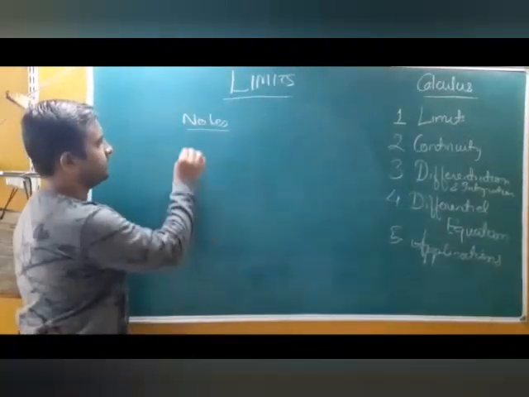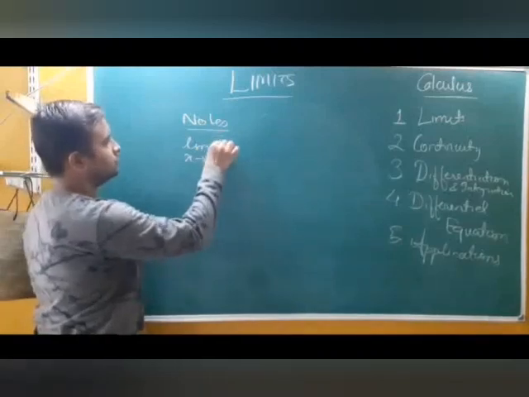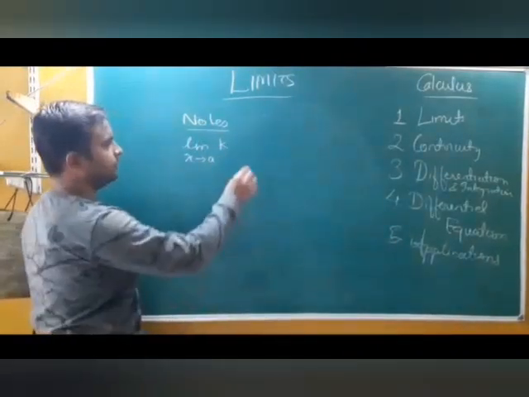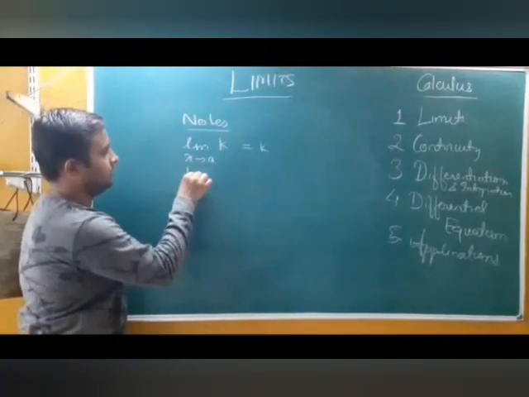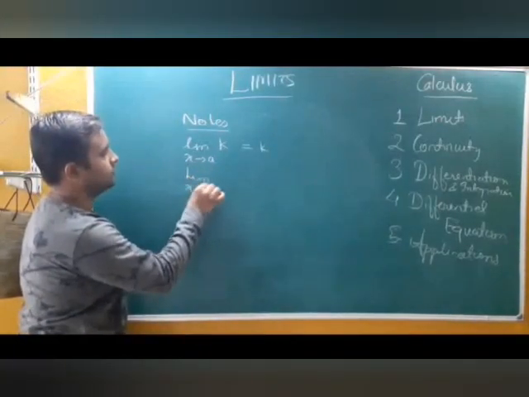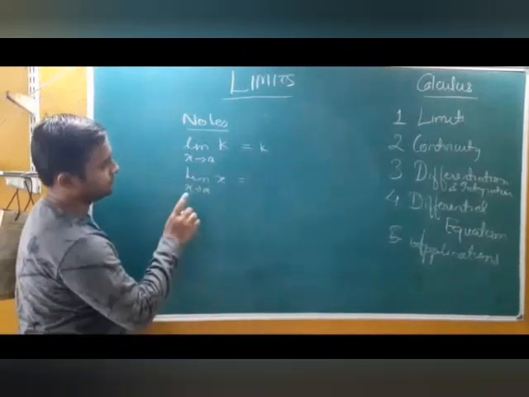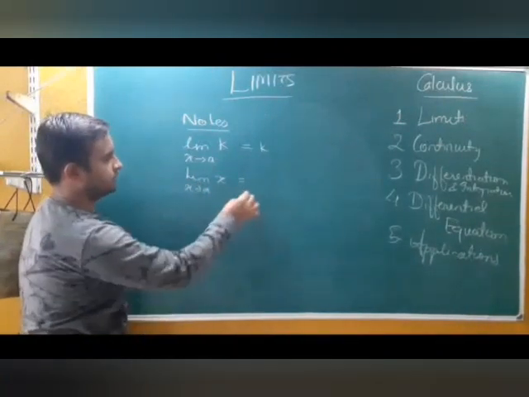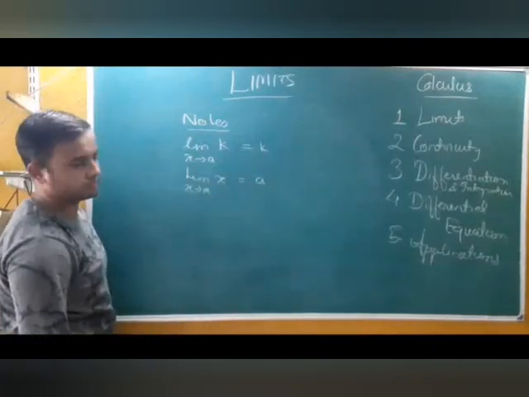Notes will be like: limit x tends to a of a constant value, which does not contain any function, the answer has to be k. Okay. Limit x tends to a of x, the answer will be, simply put the value of x as a. The answer will be a if it is a single function.